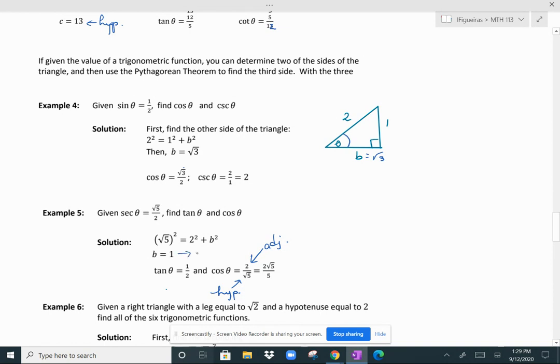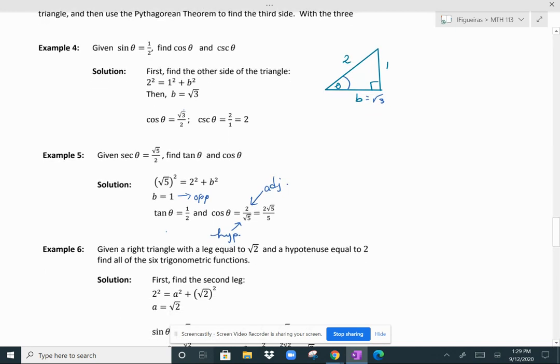This is the opposite side. And so tangent is opposite over adjacent, so that is 1 over 2. Okay, so it could be thought through logically using your Sohcahtoa. You could draw pictures. So whatever makes more sense to you, the student.